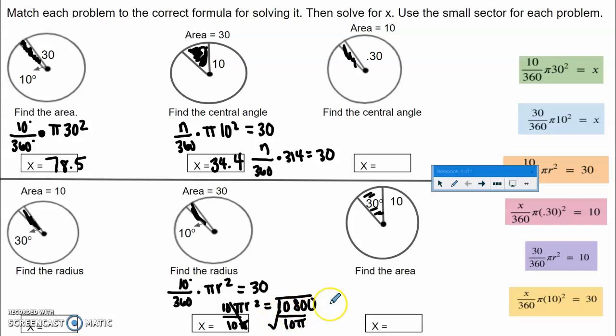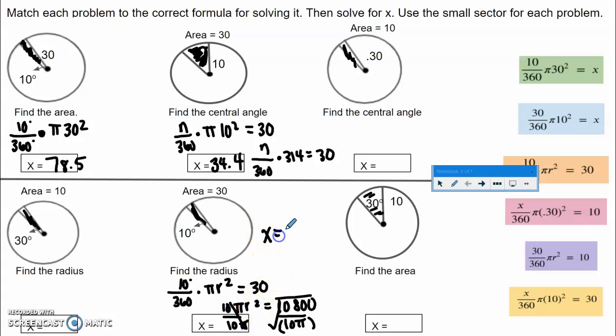So I'm going to do 10,800 divided by, and in the calculator, I'm putting that 10 pi in parentheses when I click divide, so the calculator knows to keep the pi in the denominator. So I got like 343.77. And then the last step is to take the square root because r is being squared.